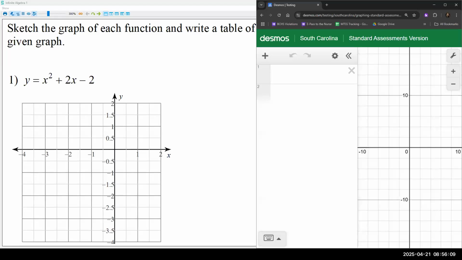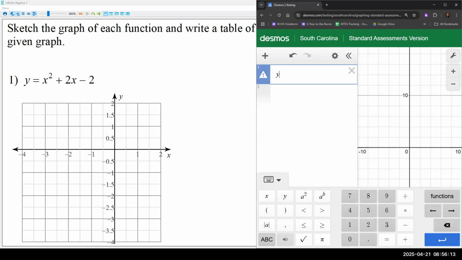I'm going to type in my function just like it looks. Y equals x. And now I need to put an exponent of 2. To put an exponent of 2, I hit that A with the 2 on it, beside the AB. Plus 2.